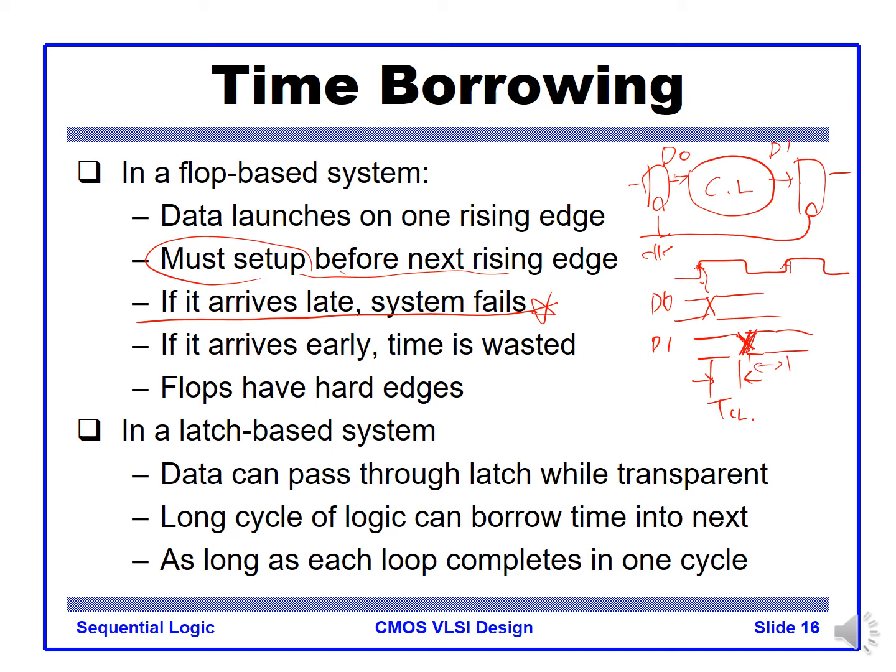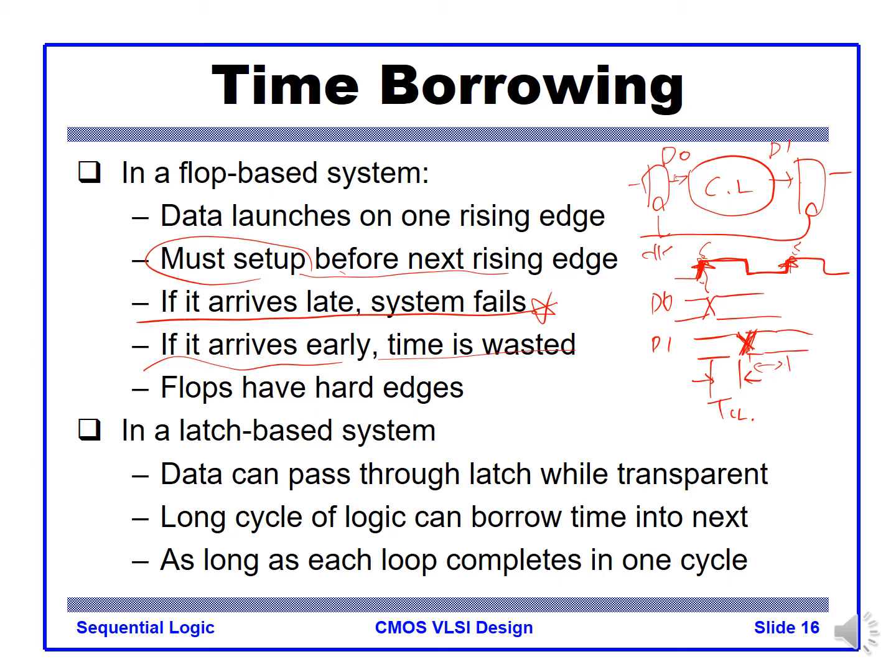We could do some more logic operation, but we are wasting the time. So time is wasted if the data arrives too early. The flip-flop has very hard edges, meaning it has fixed edges at which it operates. For the rising edge flip-flop, it operates only at the rising edge of the clock.